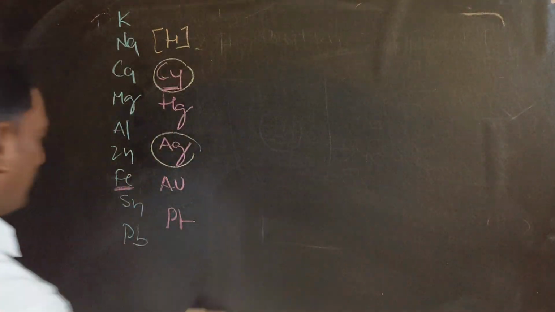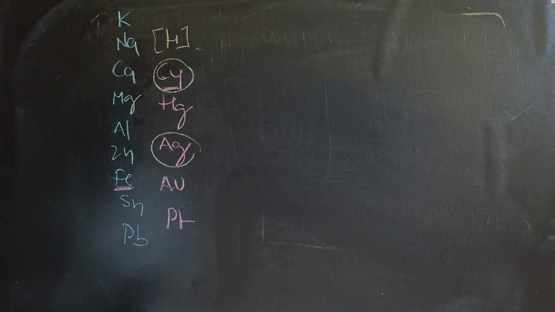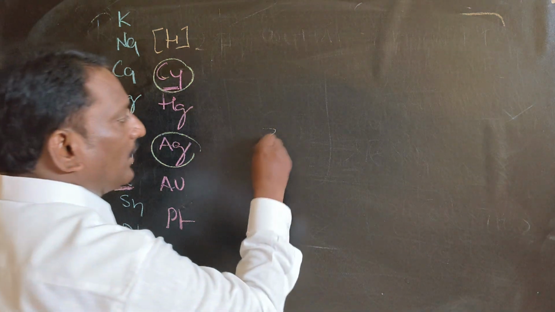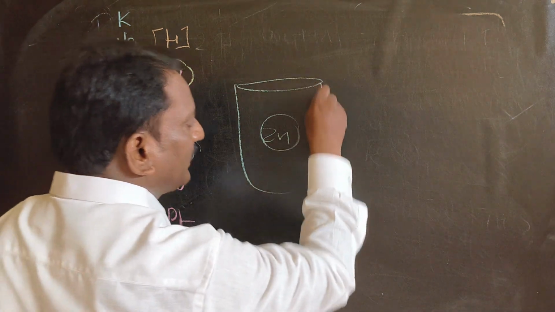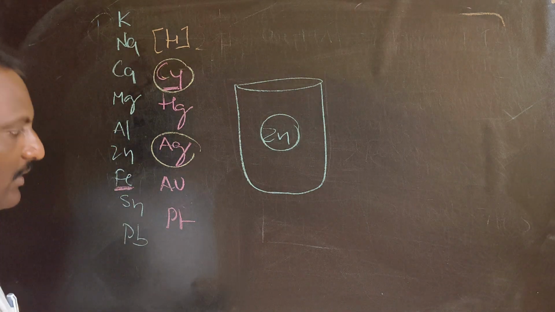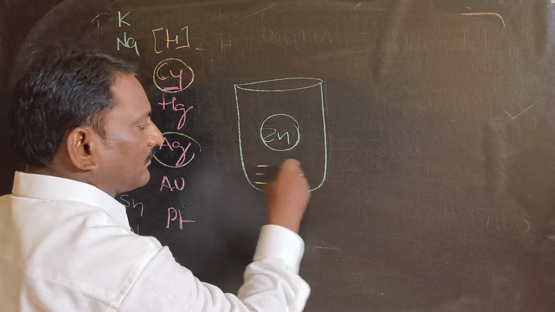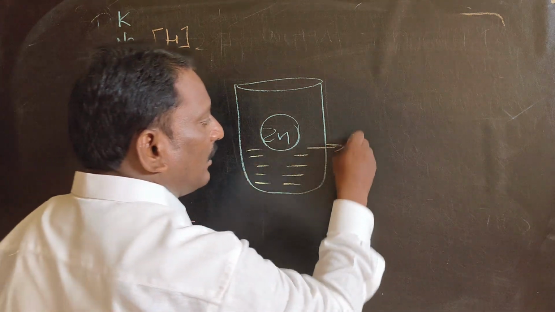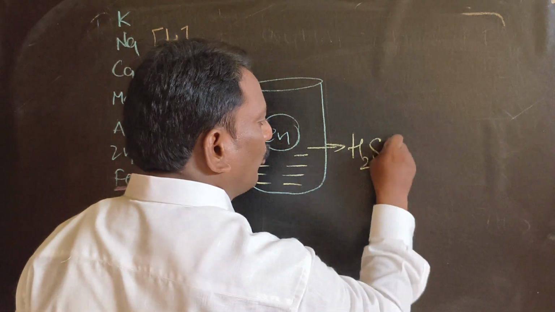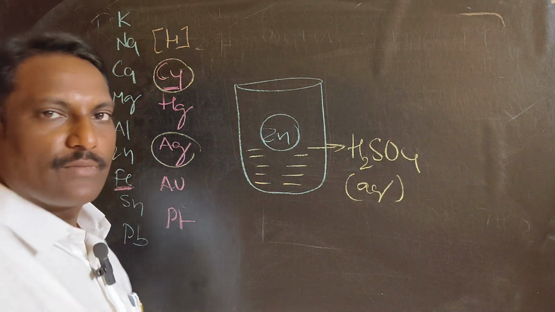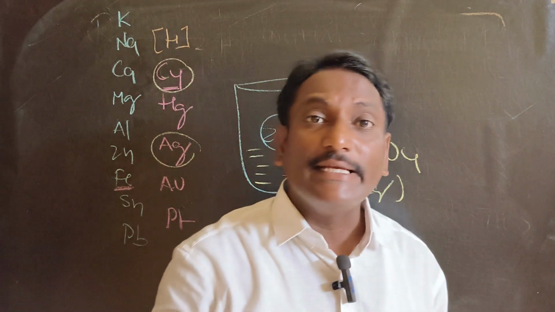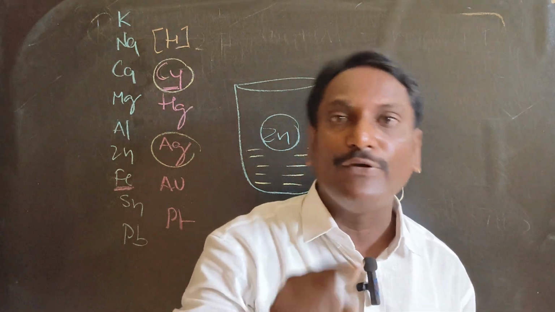So what will happen when a zinc coin is placed in sulfuric acid solution? Sulfuric acid, H2SO4, aqueous solution. Sulfuric acid is called oil of vitriol.